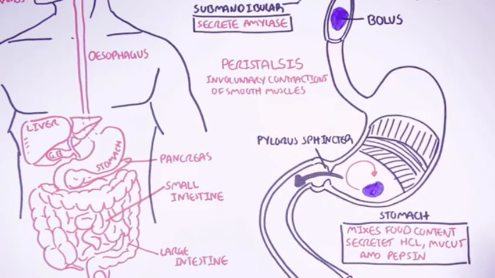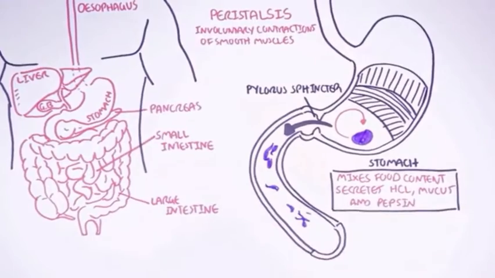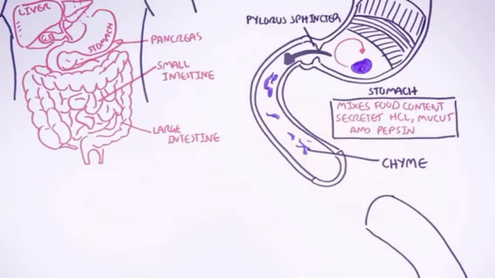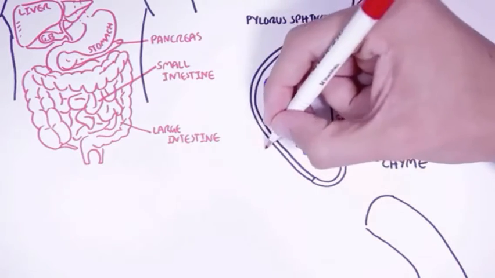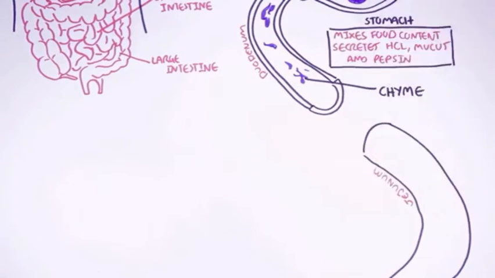The pyloric sphincter is the barrier between the stomach and the small intestine. During digestion, the pyloric sphincter opens in phases, allowing the liquefied food, now referred to as chyme, to enter the small intestine. The small intestine is divided into 3 segments: the duodenum, the jejunum, and ileum.